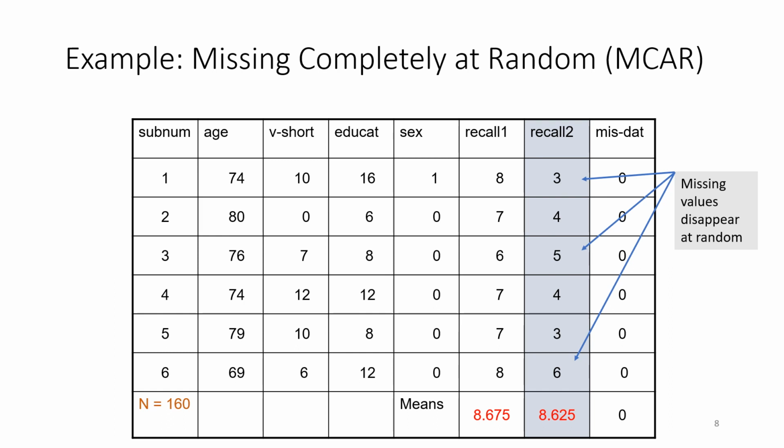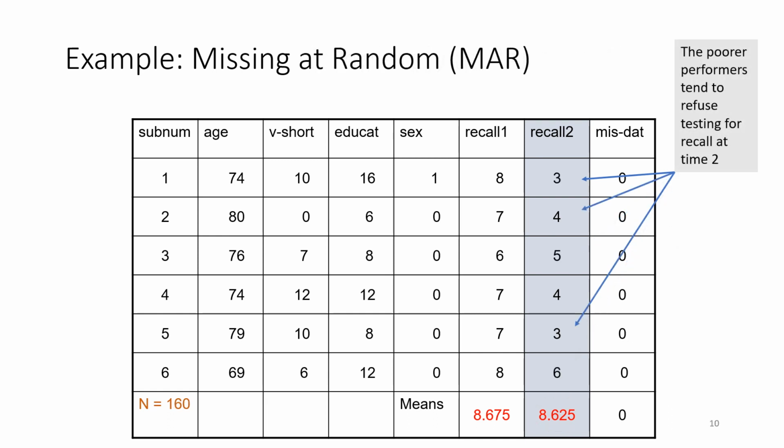In the next slide, we see that the three values have been randomly selected and removed. Note that the mean of 8.26 is actually the same as the mean in the previous slide. Randomly removing data should not affect the mean very much, especially when you have 126 cases. So that would be an example of missing completely at random, and it's not going to affect the mean or measures of variability, etc.